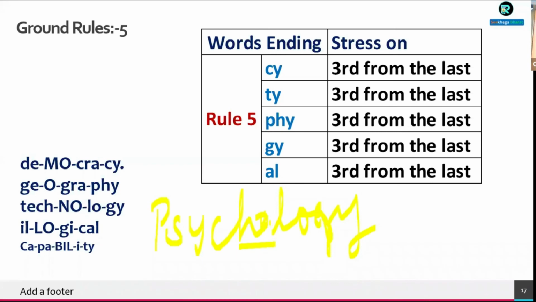Co will get the stress. And for the rest, we don't say logy, we reduce it. Technology, psychology. We don't say logy because these have a schwa sound when reduced. Technology, psychology, right?